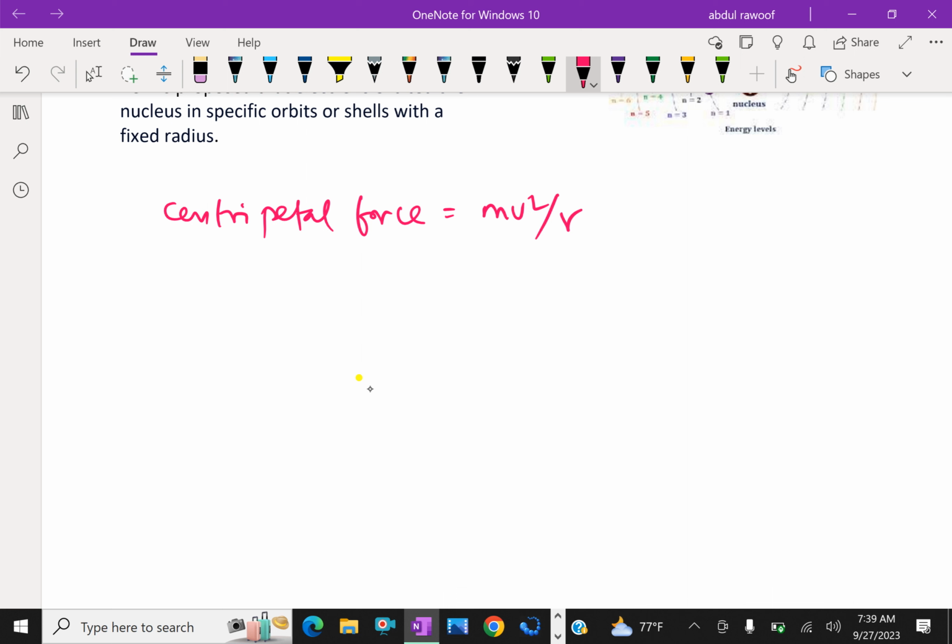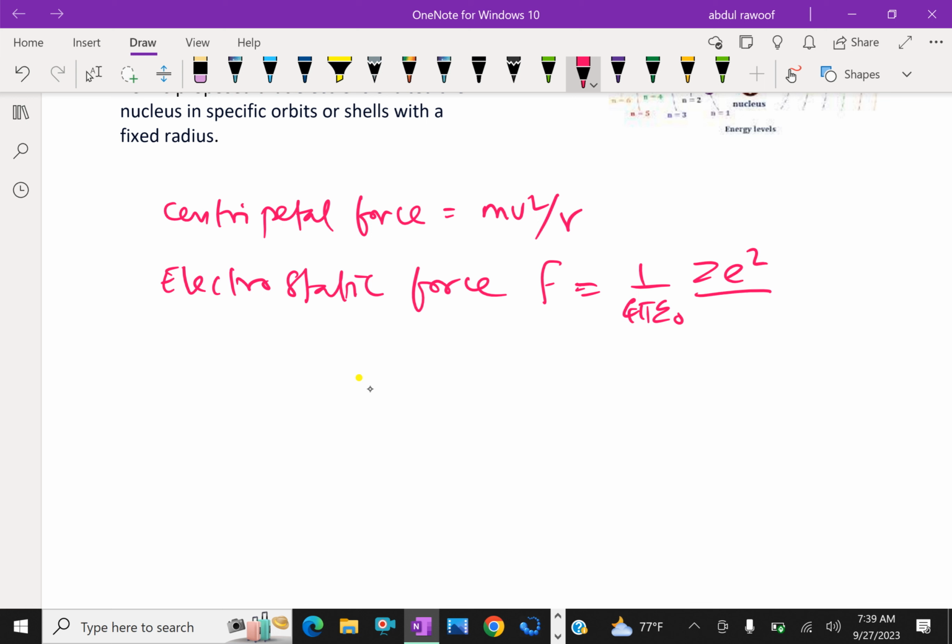The electrostatic force F is equal to 1 over 4 pi epsilon 0 times Z e squared over r squared, where Z equal to 1 for hydrogen.